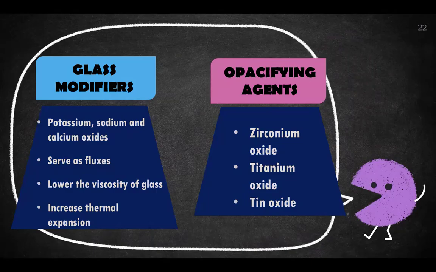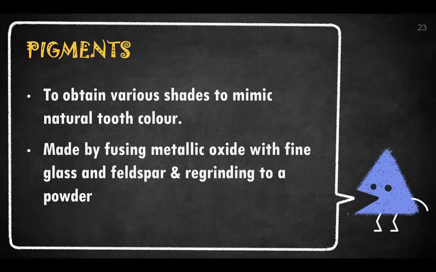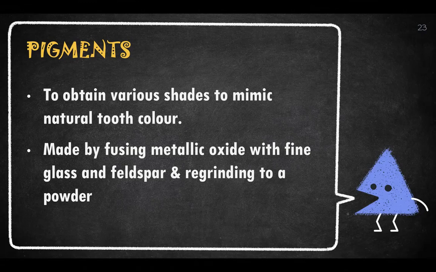They serve as fluxes too. They lower the viscosity of the glass and increase the thermal expansion, while the opacifying agents are zirconia, titanium, and tin oxides. And we have many pigments because teeth come in various hues and shades, and usually it falls between the yellow and the yellow red spectrum.